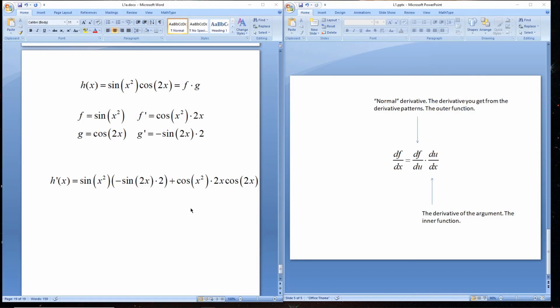And I'm testing you on those derivative patterns. And then I'll up the difficulty by adding in a derivative property. So the next difficulty would be functions that are added or subtracted. Can you distribute? And then I'll up the difficulty again by including a product or quotient. And then again by adding in two products or two quotients. And then the difficulty gets upped even more by adding in the chain rule to all of that.